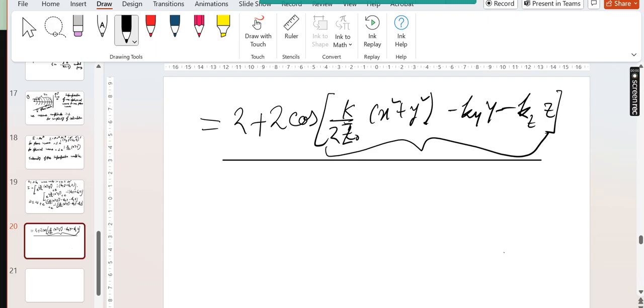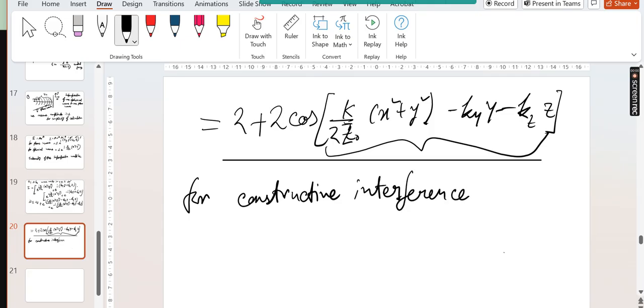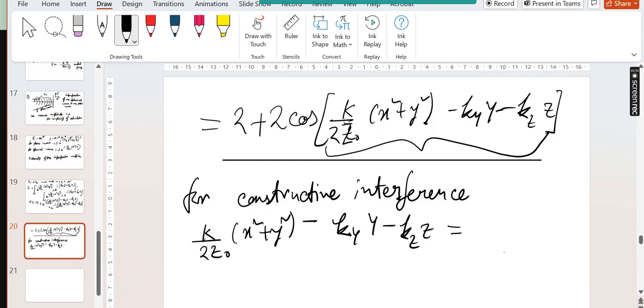So for constructive interference, we know the phase difference, which is k by 2z naught x square plus y square minus k y y minus k z z, is basically 2m pi.